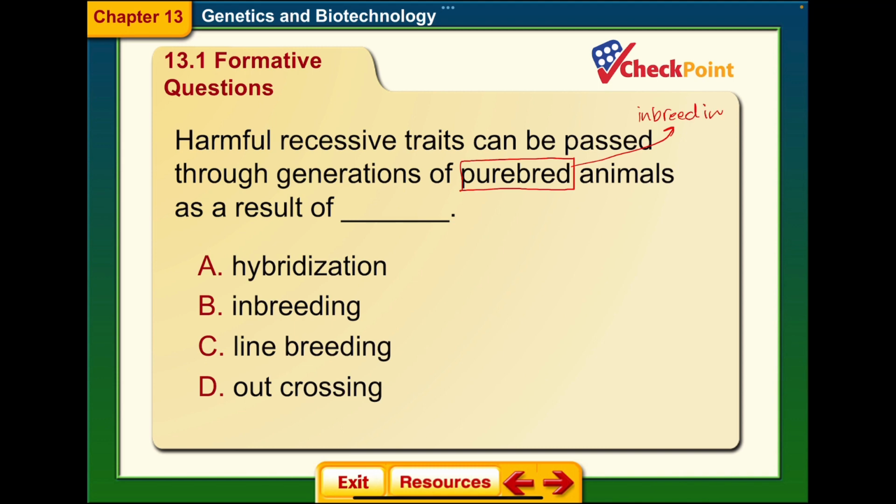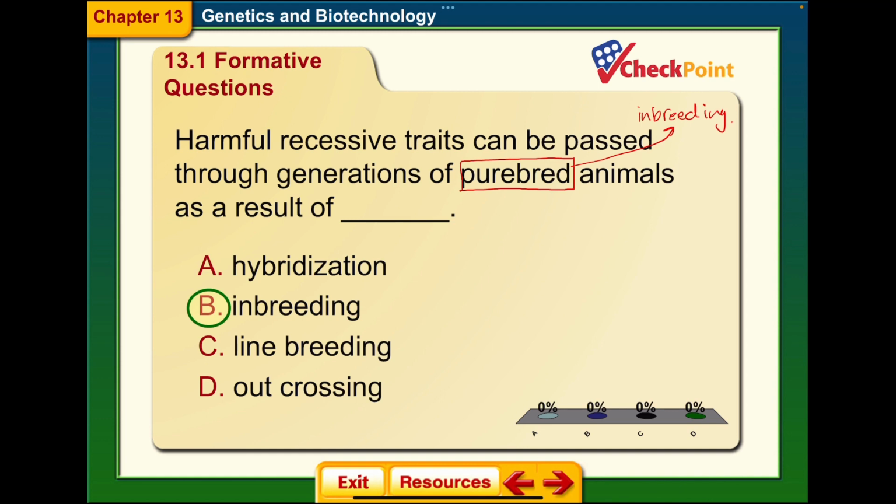Why is that? Because in inbreeding, purebreds are maintained and the desired traits are constantly passed on. But obviously, because we're just breeding from the same family, or the same breed, a disadvantage is that harmful recessive traits can be passed on.